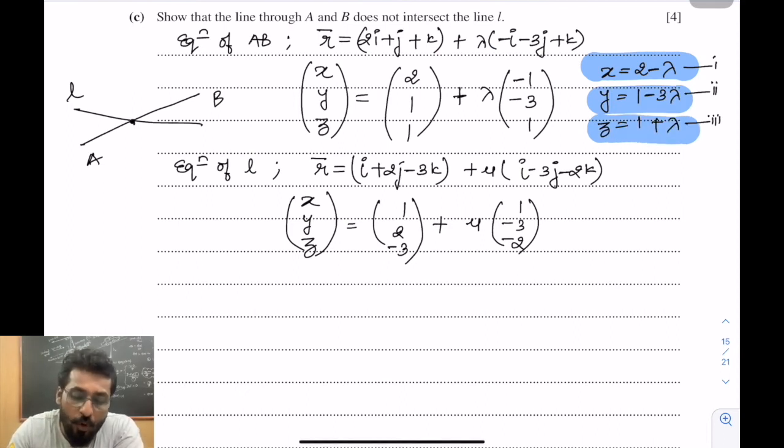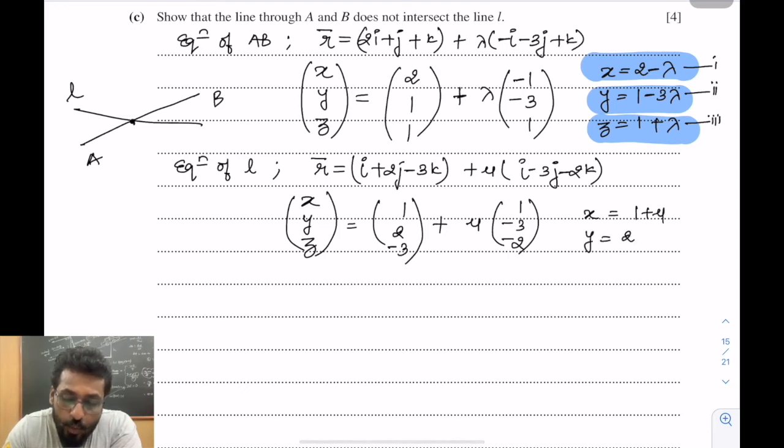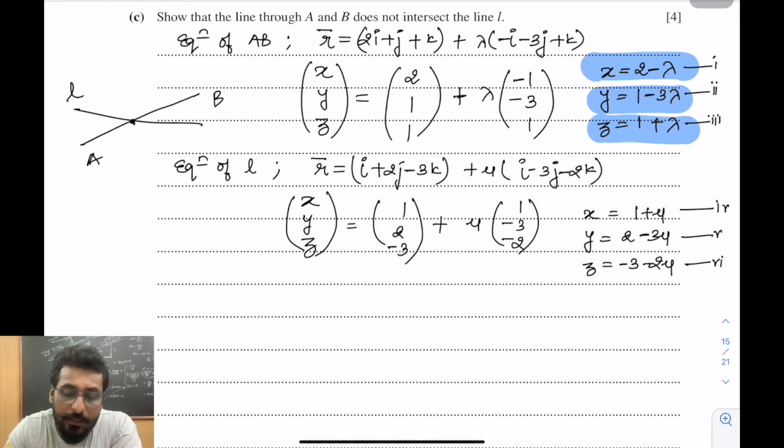Similarly, from the second equation, that's the equation of line L, x is going to be how much? 1 plus mu. y is going to be 2 minus 3 mu. z is going to be minus 3 minus 2 mu. So that's equation 4, 5 and 6.